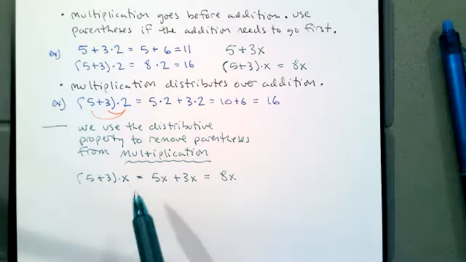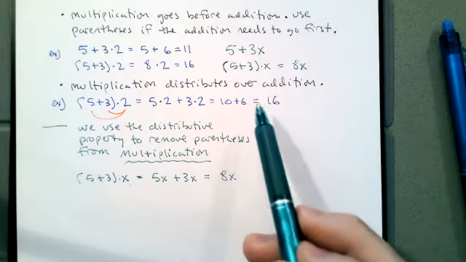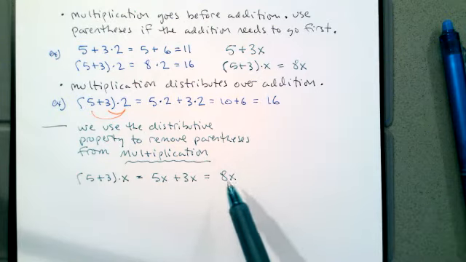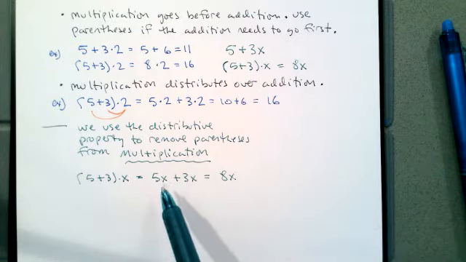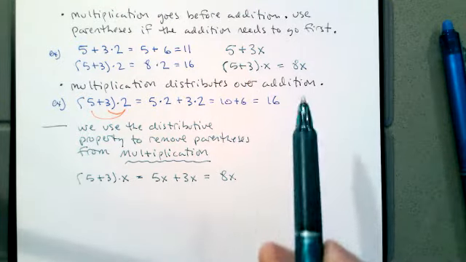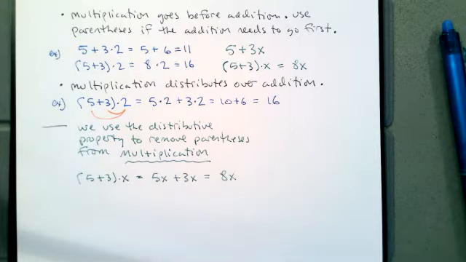Also note that if I take the x out and put in a 2, I get 16. 8 times 2 is 16. 5 times 2 is 10, 3 times 2 is 6, 10 and 6 is still 16. So everything's nice and consistent. We like it that way. We get to use the distributive property because we're removing parentheses from multiplication. Any questions?